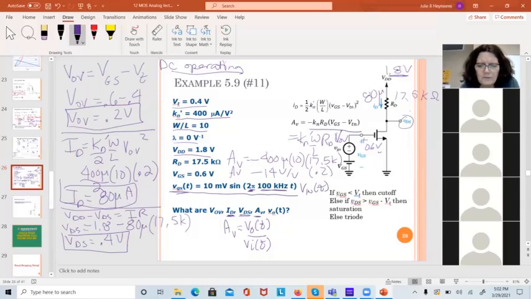So if I want to find Vout, I multiply Vin times negative 14, and I get negative 140 millivolts times the sine of 2 pi times 100 kt.